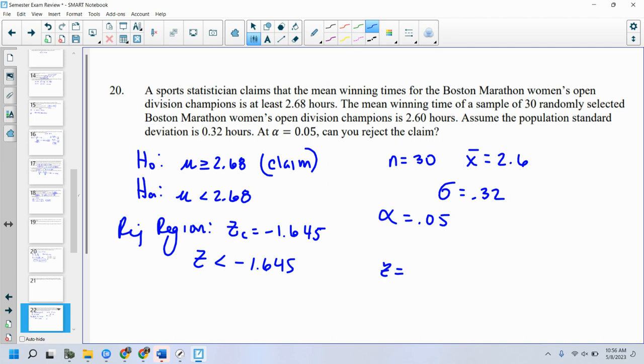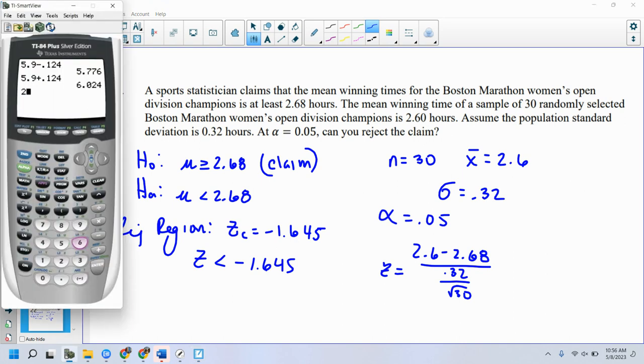All right. Straight off the formula sheet here. x bar minus mu over sigma over radical n. Right. x bar, 2.6, minus mu, 2.68, over 0.32, sigma, over radical 30.